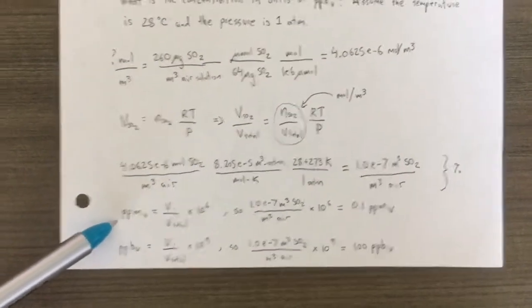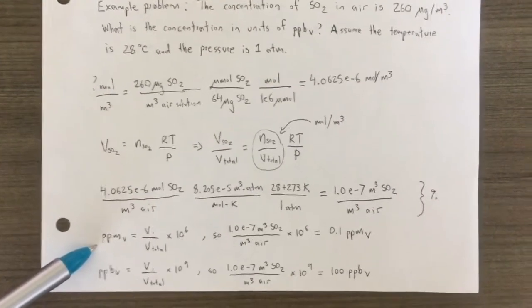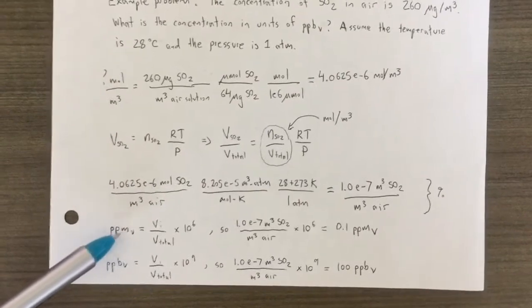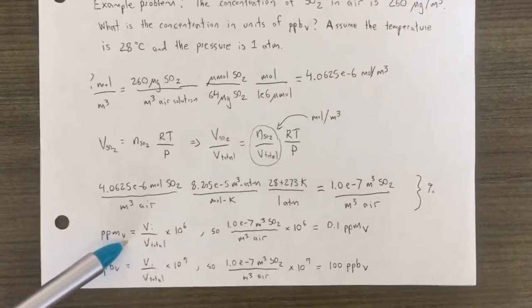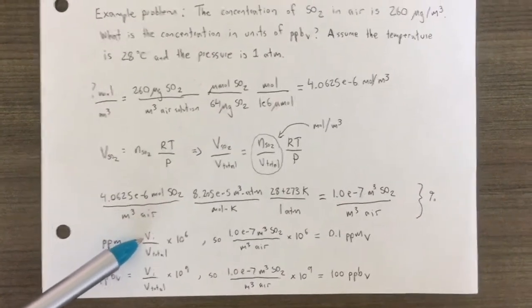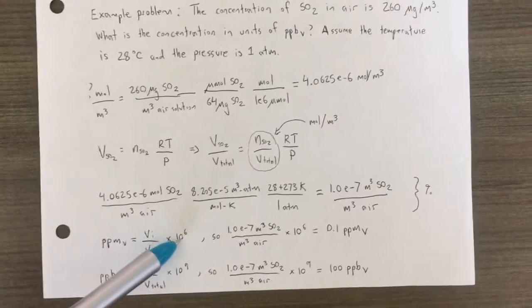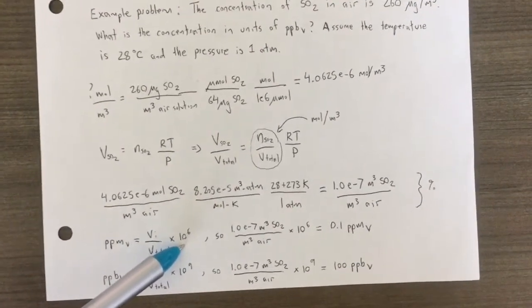So, our definitions. These are similar definitions to when we're working with parts per million mass, parts per million volume. Parts per million mass and parts per billion mass we saw earlier on with soils. Parts per million volume is the volume of the chemical we're interested in over volume total, times 10 to the 6 to do our conversion of expressing it as 1 part per million.